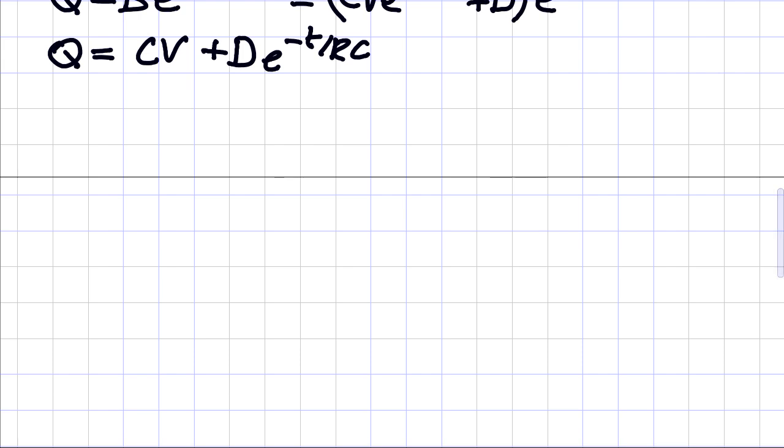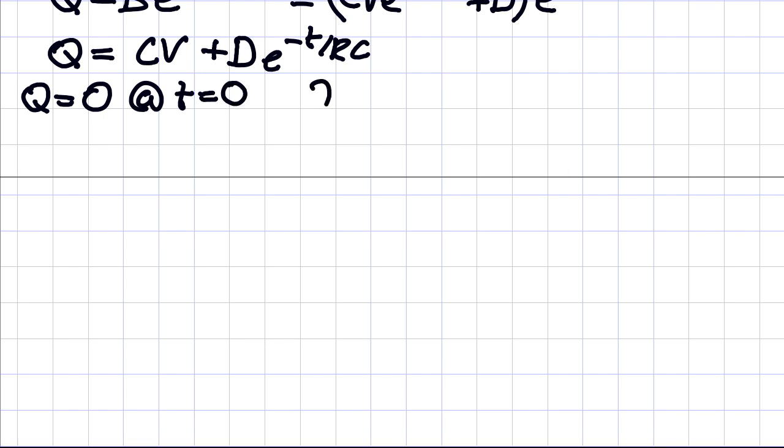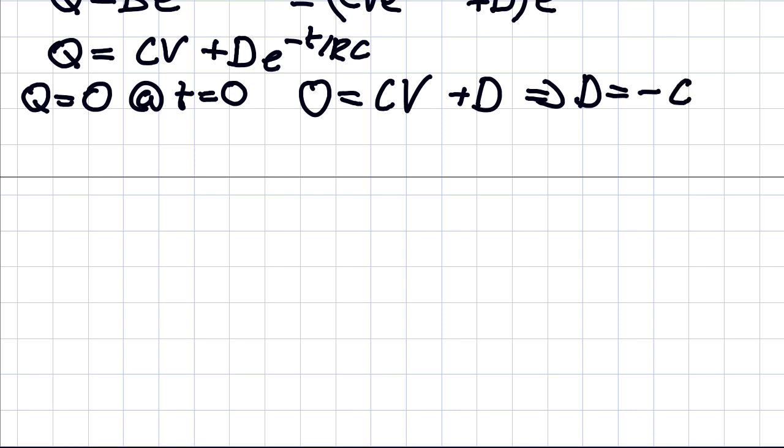My final step is to make use of my initial condition. Q is equal to 0 at t equals 0. So that tells me that 0 is CV plus D times e to the minus 0 over RC, which is just 1. So that tells me that D is minus CV.